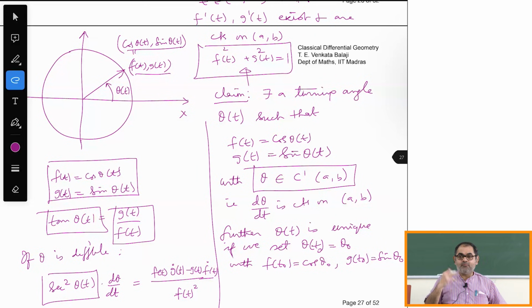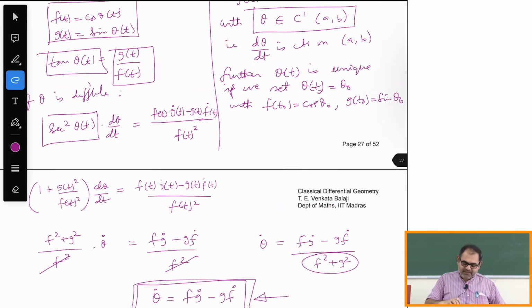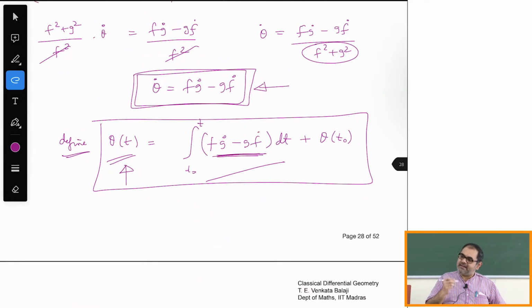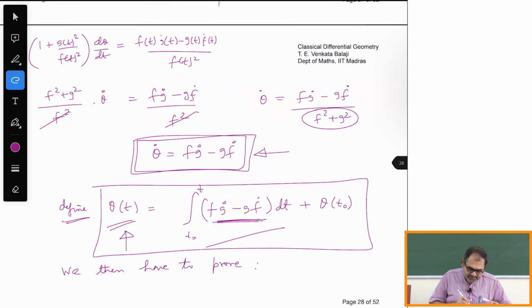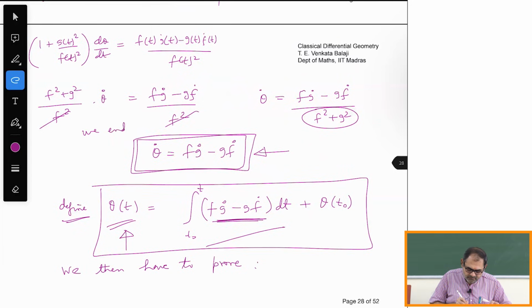Now I am going to reverse and say, given f and g, you define theta like this. It's clear that theta is C1. You have to now prove that f of t is cos theta t and g of t is sin theta t. You are going the other way around now. That means you are saying this agrees with the geometric picture. So we then have to prove this.